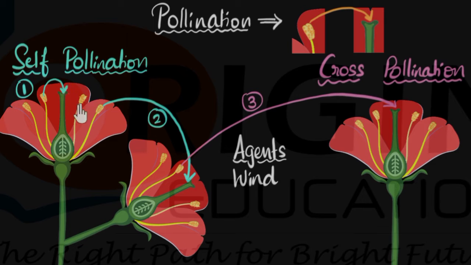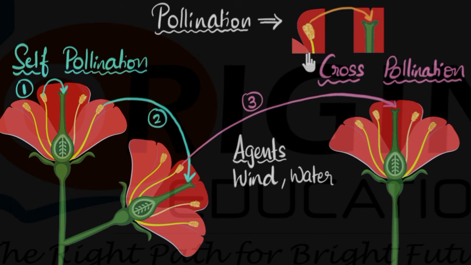And pollination happens. So with wind, self-pollination can easily happen because the stamen, the pollen grains and the stigma are very close to each other. With wind or water, just like how wind helps in transferring pollen grains for land plants, water will help in transferring the pollen grains in aquatic plants.